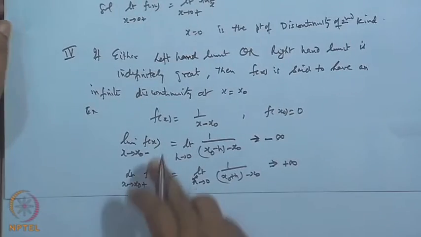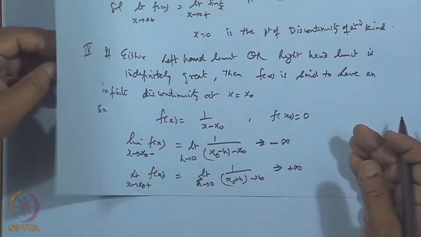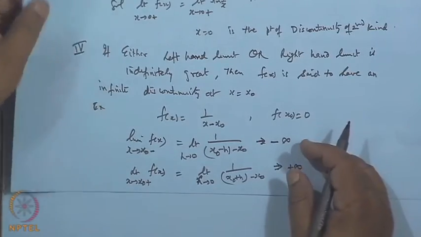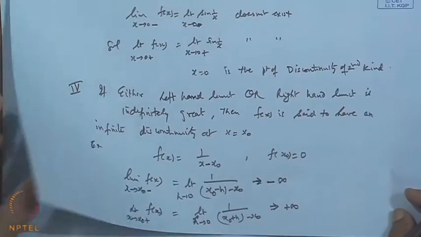So, whether it is the left hand limit or the right hand limit or both, it goes to infinity, then the point x equal to x naught is a point of discontinuity. Infinite discontinuity of this function at x equal to x naught.